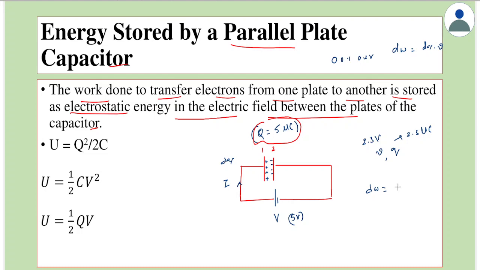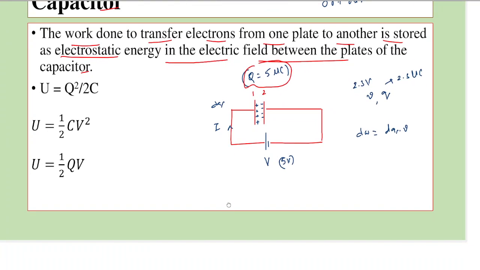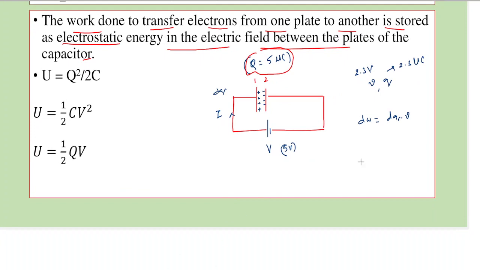So in this case it will be dq into v. That is because we are moving a charge of dq. For example, think that dq is 0.001 microcoulomb. We are doing work to move this charge, and that is called dw.